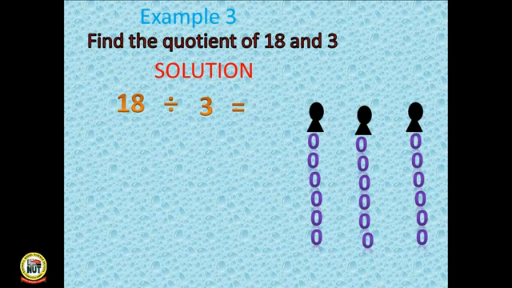Now what's the next thing to do? We have to find out how many each skittle got, right? And in doing this, we must count. Very good. So are we ready? Okay, let's count. 1, count with me. 2, 3, 4, 5, 6.